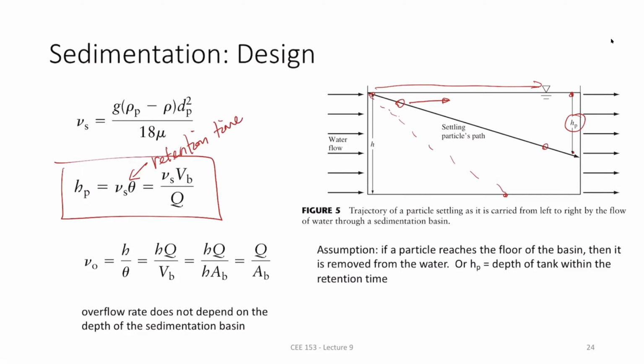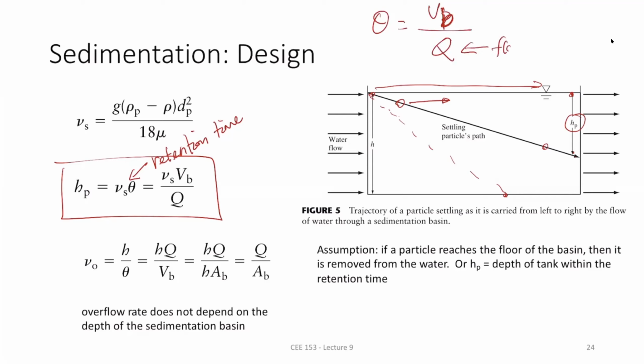If you think of what the time is, you can determine it based on the flow rate, because if you increase the flow rate, it will stay less time. So the time is the volume of the entire tank, the volume of the clarifier, divided by the flow rate.